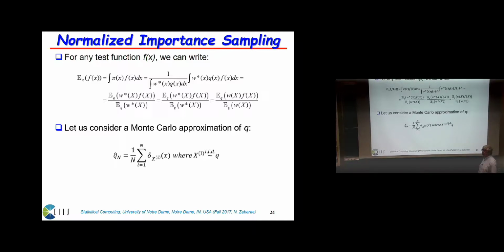Before, we said the Monte Carlo estimator was unbiased, and the variance was the variance of f over n. What can you tell me now? Are we going to be able to say this is an unbiased estimator, and this is the variance? Is it trivial now, because we have the ratio of two estimators? How do we apply the central limit theorem, etc., to say something about the variance or the bias of this estimator? Is it unbiased?